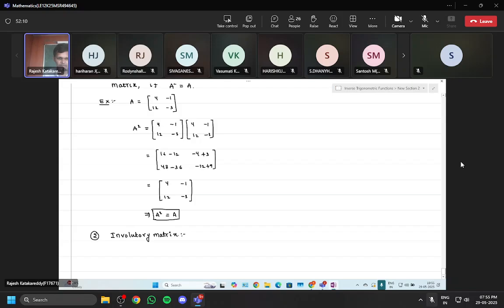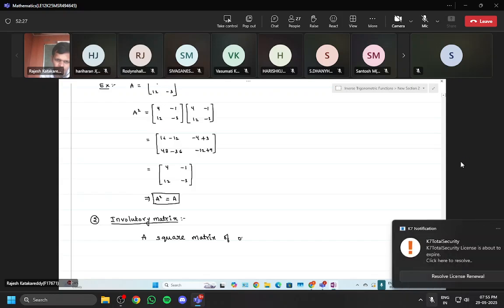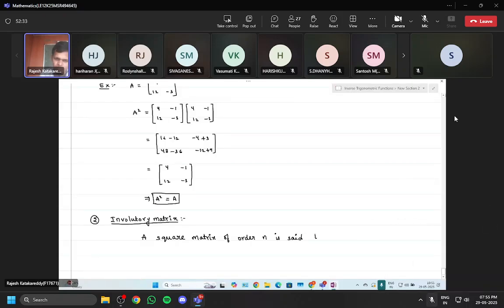So in involutory matrix, you write the same lines: a square matrix of order n, if A square is equal to identity matrix.